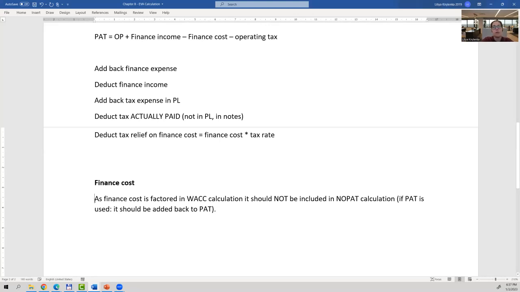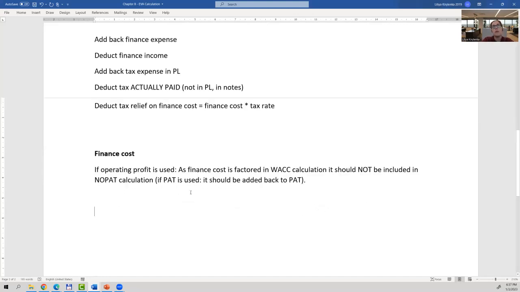So the first part, you will write if operating profit is used. So you will say why you didn't take into account finance cost. And the one in brackets is what you are going to write if you are given profit after tax.